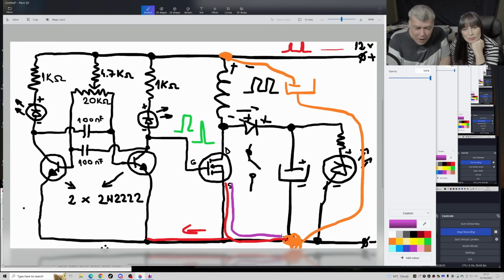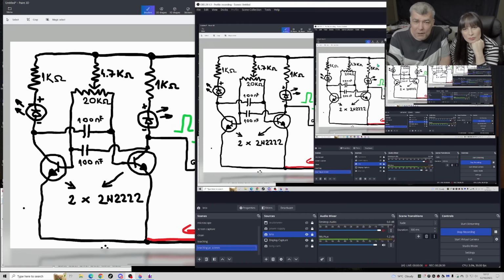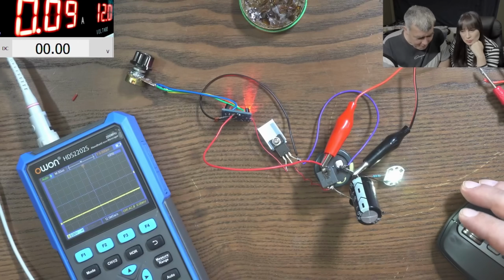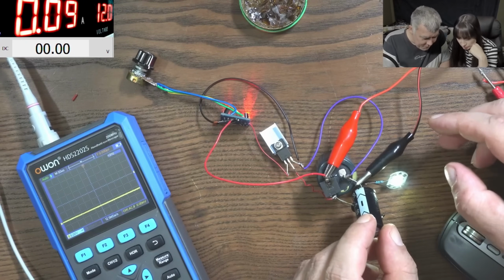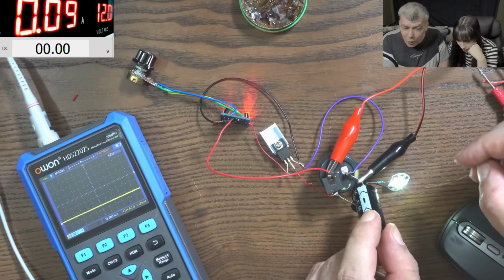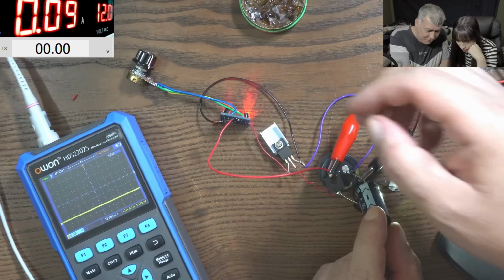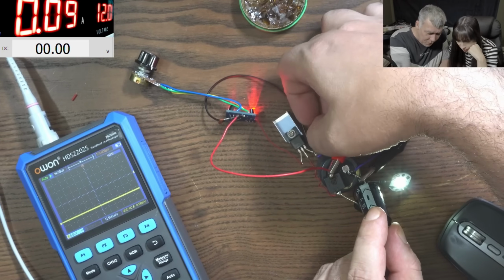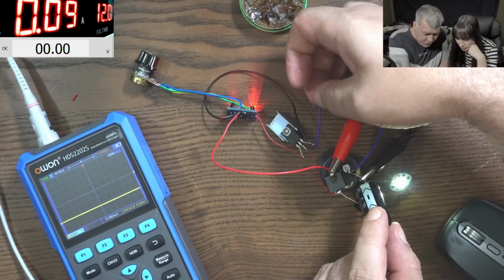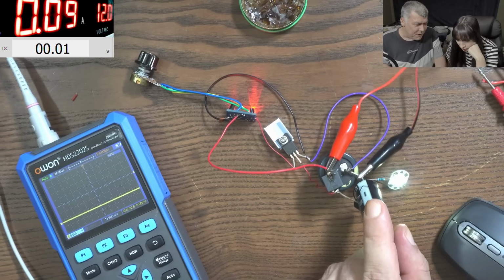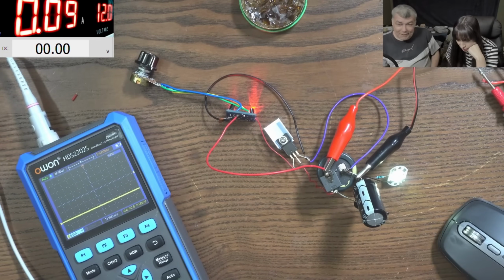You have a wire which is a resistor, which is a coil. Check on your schematic: where is that wire? It is from the source of the MOSFET to the minus of the capacitor. You understand?